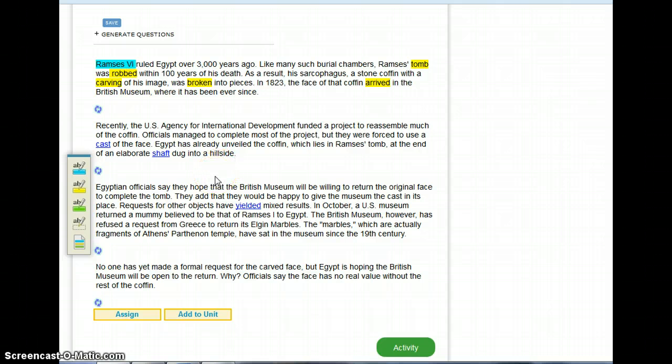Then lastly, I'm going to highlight both 1823 and British Museum because this is when and where the things took place in this paragraph.